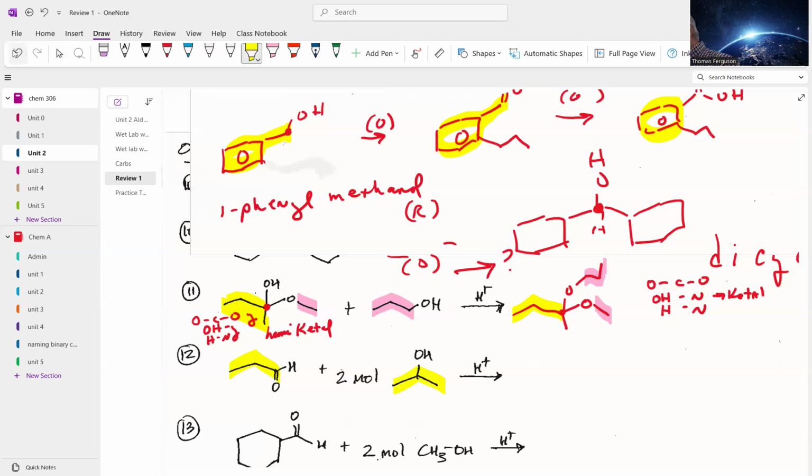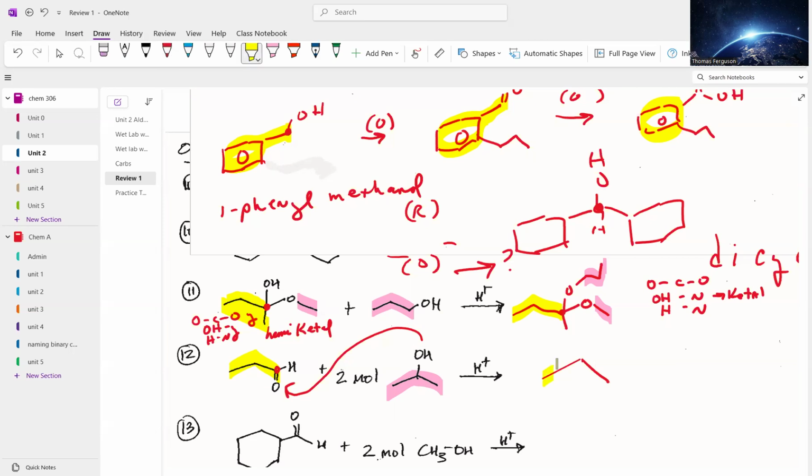The secondary. Okay, so what does the first one look like? The OH is going to attack the carbonyl group, the C double bonded O. So we're going to end up with a 3-carbon, and that's the anomeric carbon there. So we're going to end up with the original 3-carbon backbone.